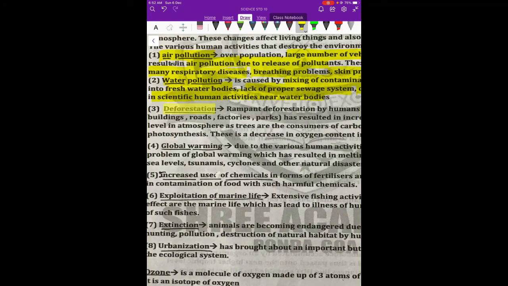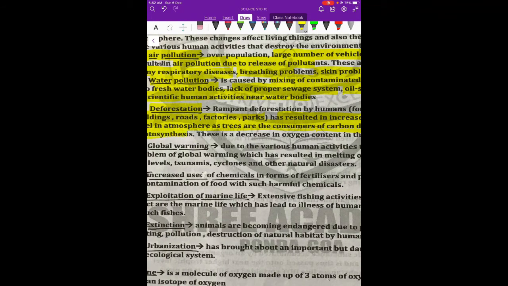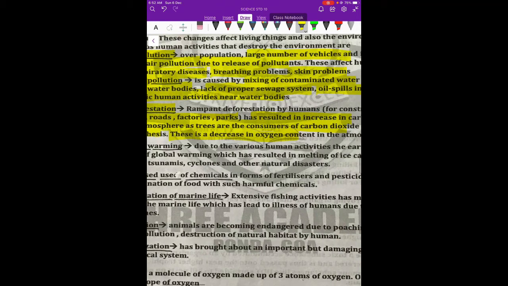The third thing is deforestation. Man has continuously cut down forests for building of roads, factories, parks, everything. But what has happened is, due to this deforestation, the carbon dioxide content is increasing, because the maximum consumer of carbon dioxide is trees, and if you are cutting down trees, obviously two things will happen. First is the carbon dioxide content will increase because there is decreased photosynthesis. Second thing is, because of decreased photosynthesis, the oxygen content also will decrease.